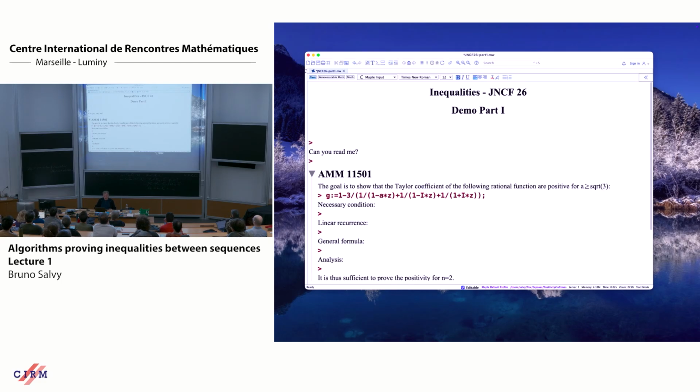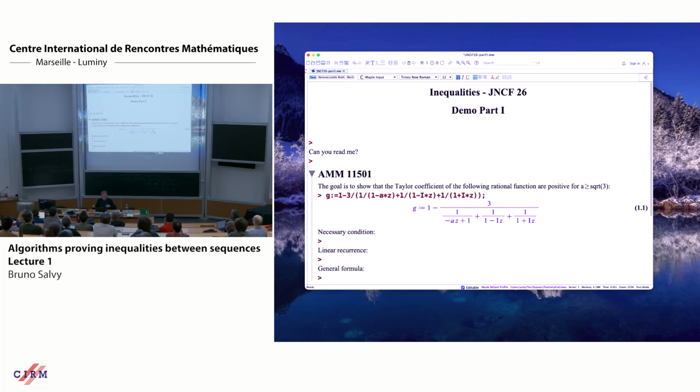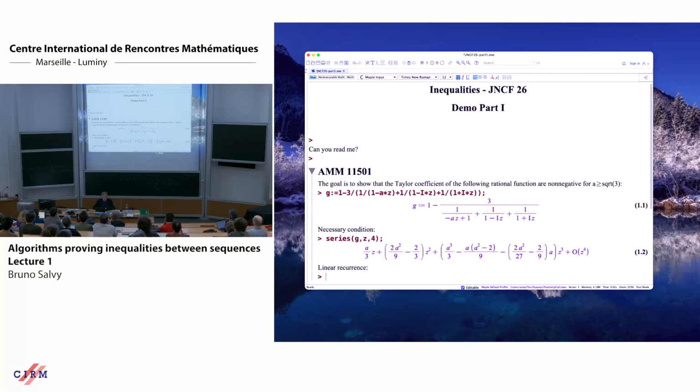Okay. So the goal is to show that the Taylor coefficients of this are non-negative for A starting at square root of 3. So you take G, and we look at the first few coefficients. Let me make it clearer.